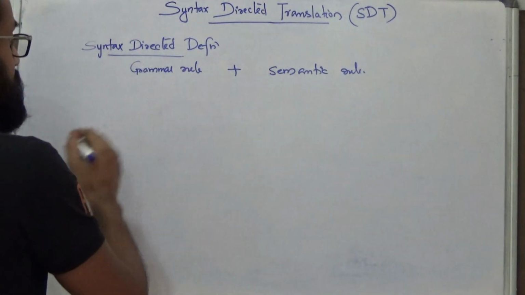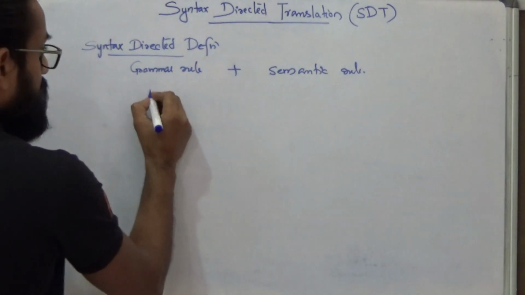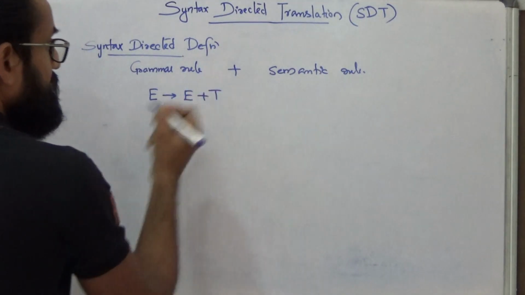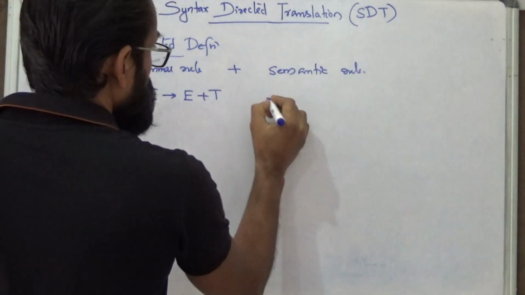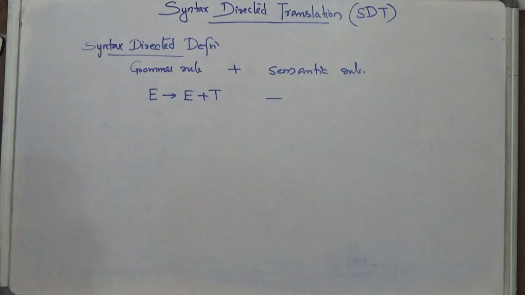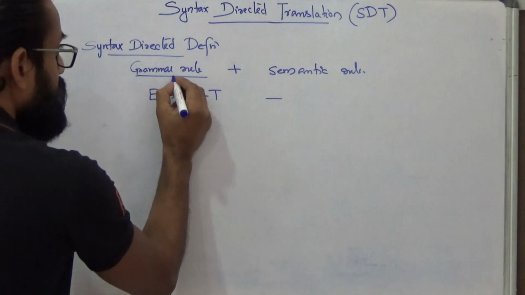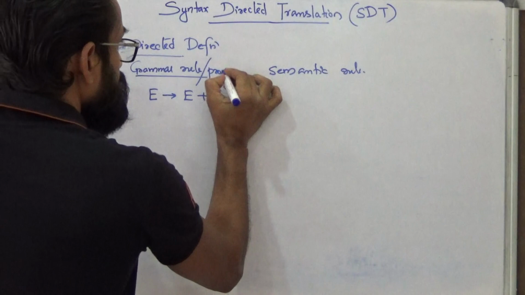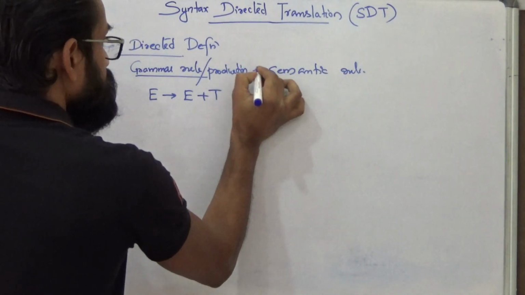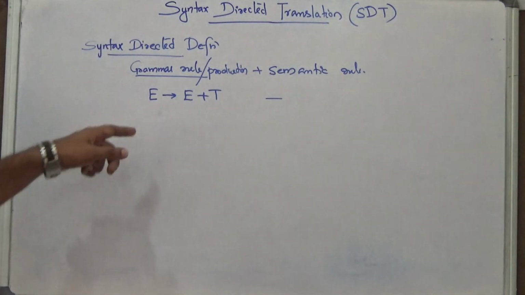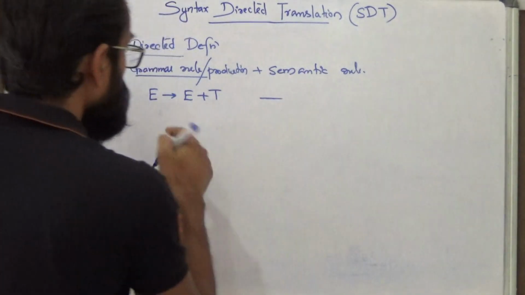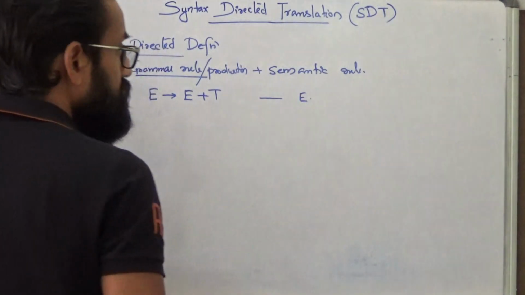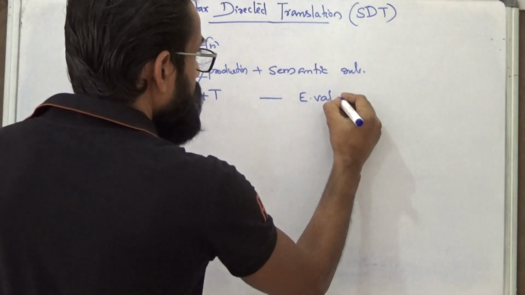For example, let us consider this particular production, E giving E plus T. So this is the production. You can call a grammar rule a production also. You can associate one semantic rule to this particular production, that is E dot val equal to.